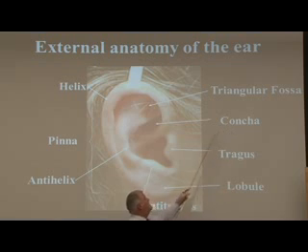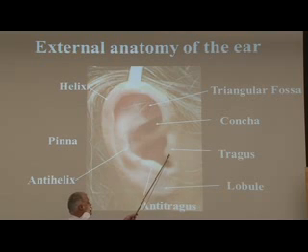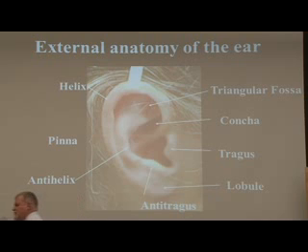So it's called a concha. That's the depression that the sound waves will enter the external auditory meatus with. And then we have a bump of cartilage anterior to our ear, which is the tragus. Just opposite it, at the bottom of the antihelix, we have a bump of cartilage right here, which is the antitragus. So one of the things we're going to do is work on those structures tomorrow in lab with the ear.